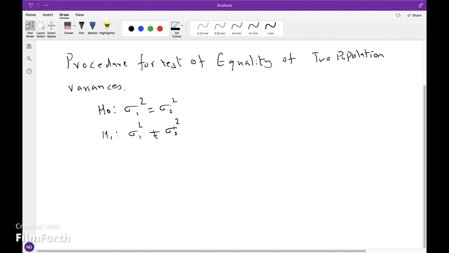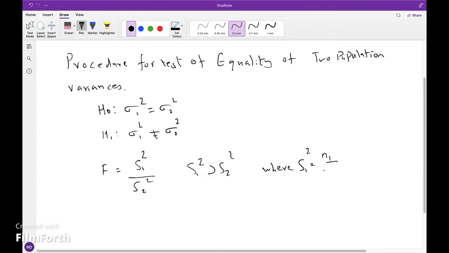The test statistic F is equal to S1 squared by S2 squared, when S1 squared is greater than S2 squared, where capital S1 squared equal to N1 by N1 minus 1 into small s1 squared, S2 squared equal to N2 by N2 minus 1 into small s2 squared. N1, N2 are the sizes of the samples drawn from the two populations, and small s1 squared and small s2 squared are the sample variances.